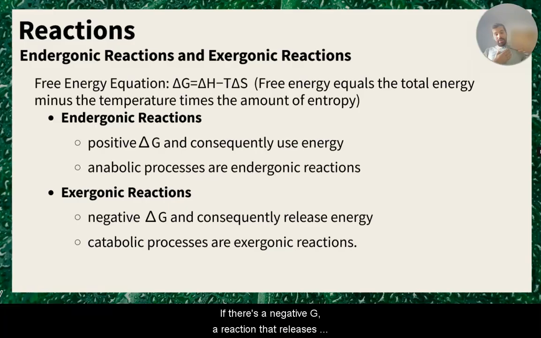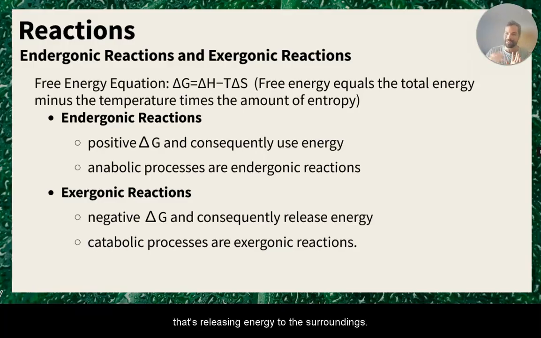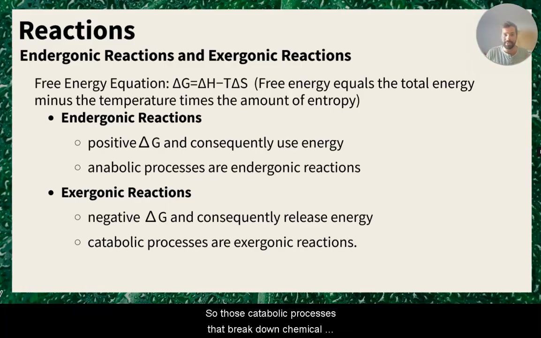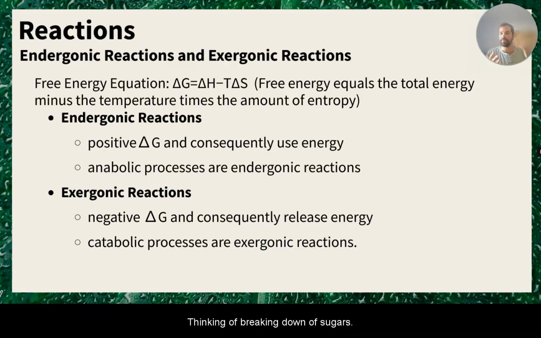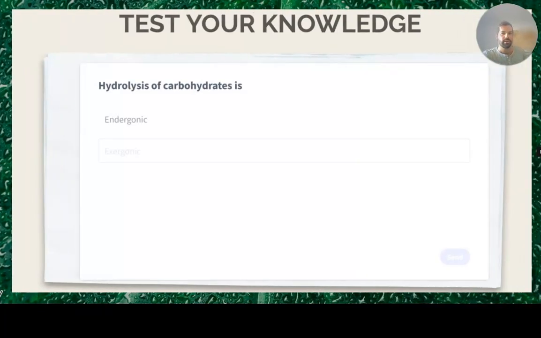If there's a negative delta G, a reaction that releases energy, we call that an exergonic reaction. Exergonic, that's energy exiting, releasing energy to the surroundings. So those catabolic processes that break down molecules and their chemical bonds into smaller pieces, those are going to be exergonic reactions where they release energy, thinking of the breaking down of sugars.